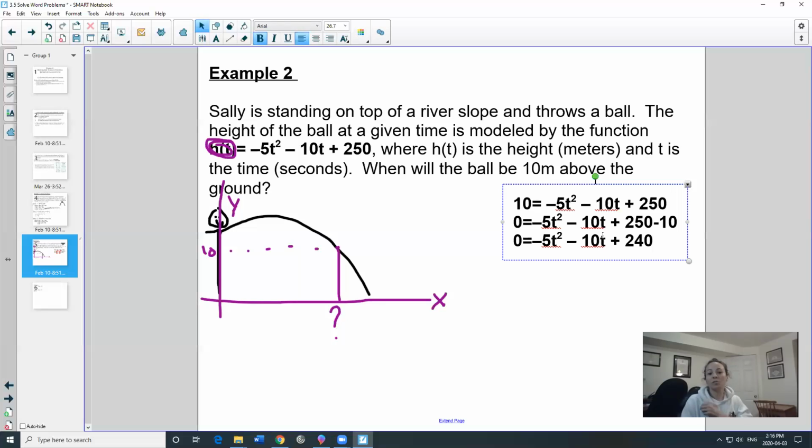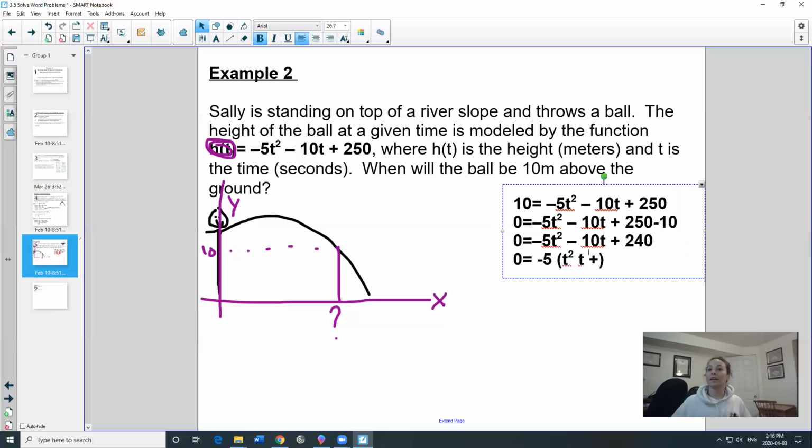The easiest way to do that would be to factor it and find your value for t. So we can actually solve this by factoring. We're going to find a common factor. So 0 equals -5, inside my brackets, if I factor out a -5 from here, I should be left with t squared.